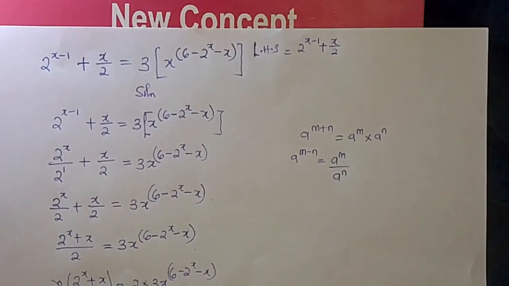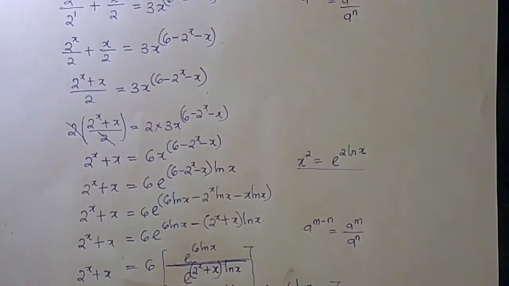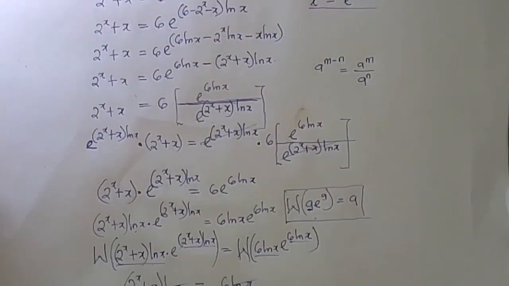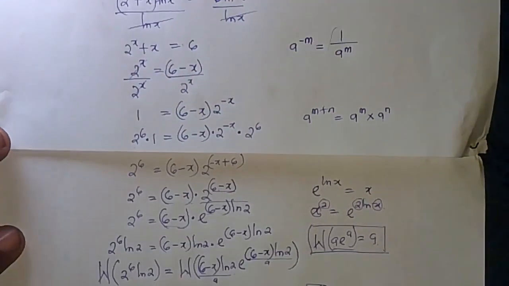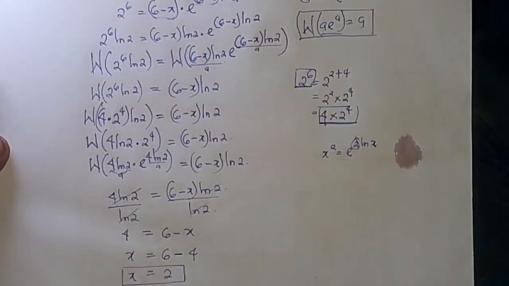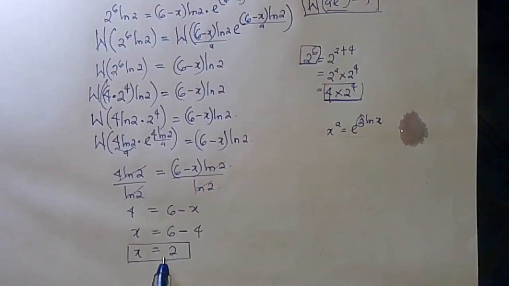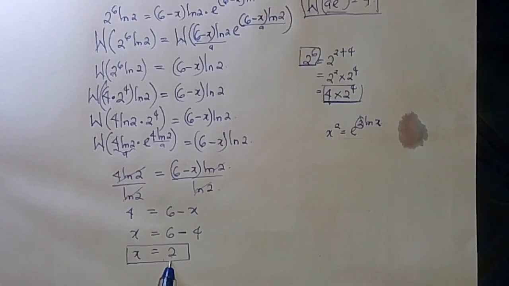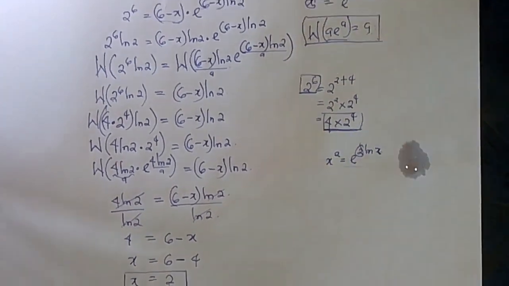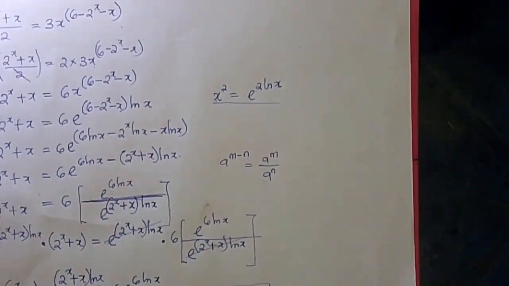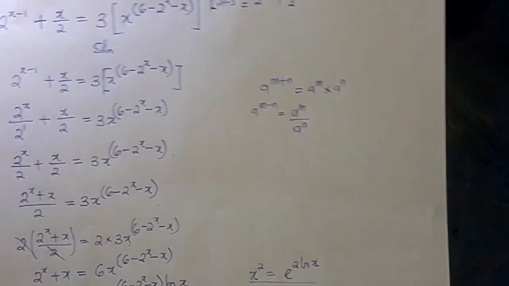Let's go through to check what we had as the value of x in the equation. We said x equals 2. So let's substitute x equals 2 at the left hand side of this equation.